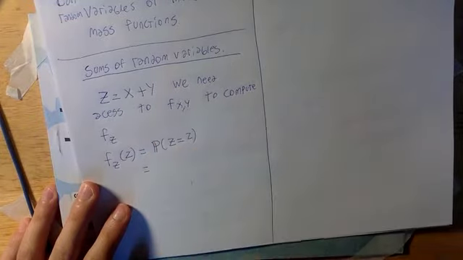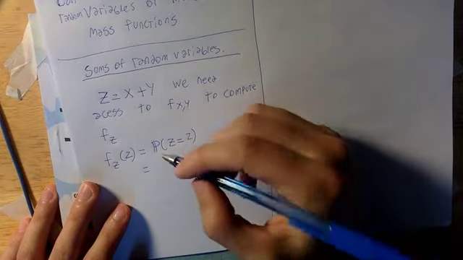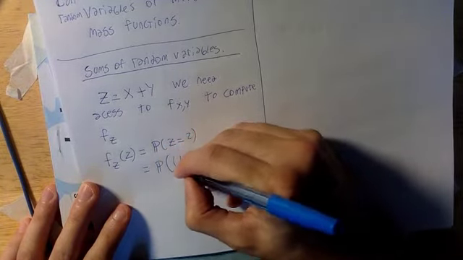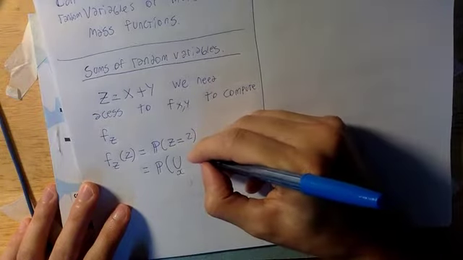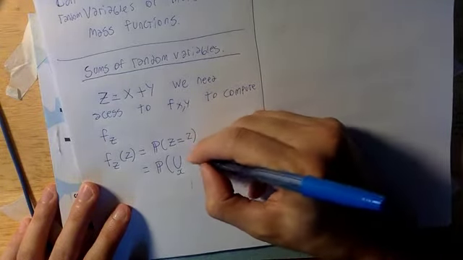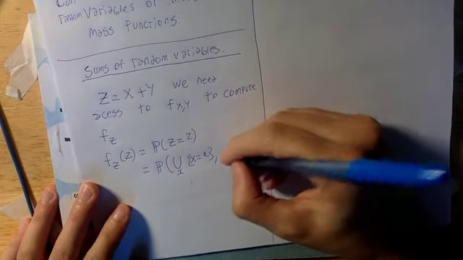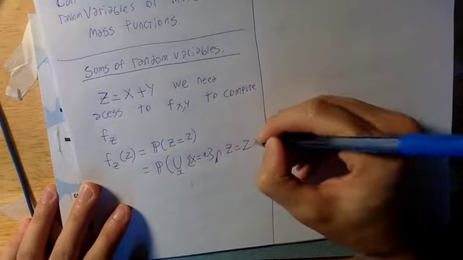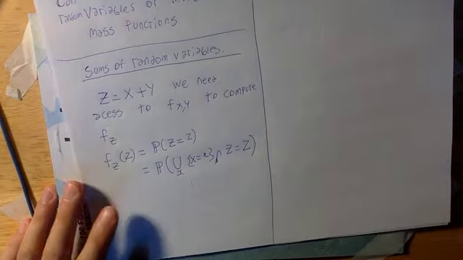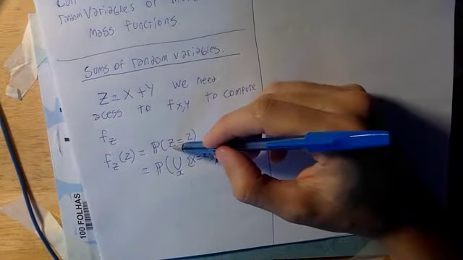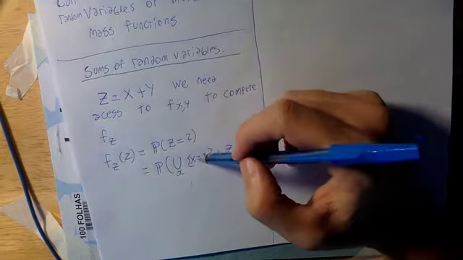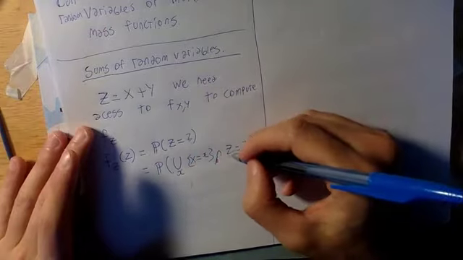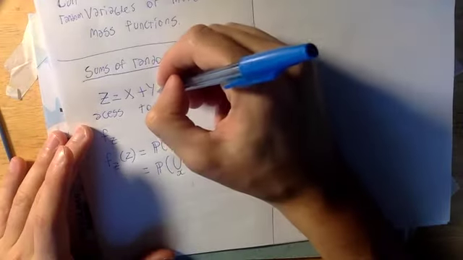This can be seen, as we were saying before, as the probability of the union over all the possible values of X, X equals x and Z equals c. So we are writing this event as a disjoint union over the values of X, and in this case we can write Z in terms of X plus Y.